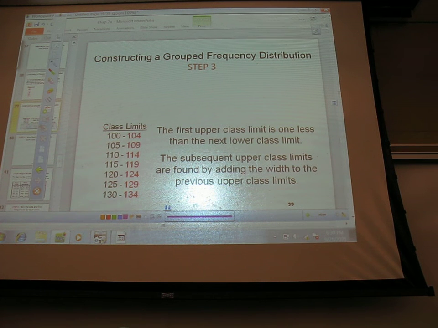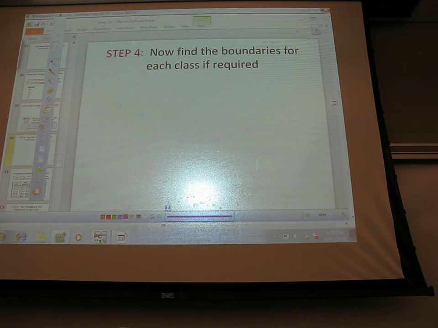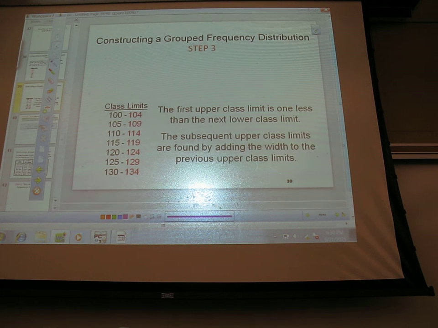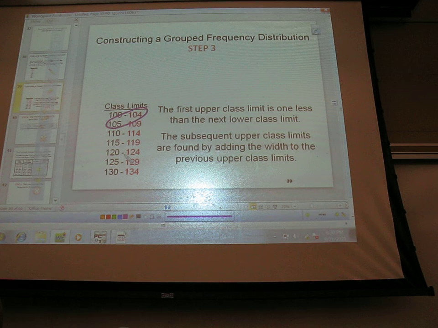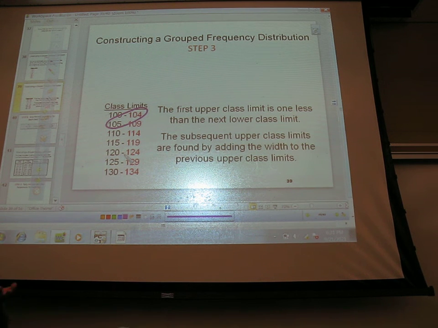All right, cool. Now, step 4, find the boundaries if that's required. So, I'm going to help you out with this. We want to find the number that is between these two guys here. Right, between 104, 105. So 100 to 104, 105 to 109. So the number smack dab between 104 and 105, 104.5.